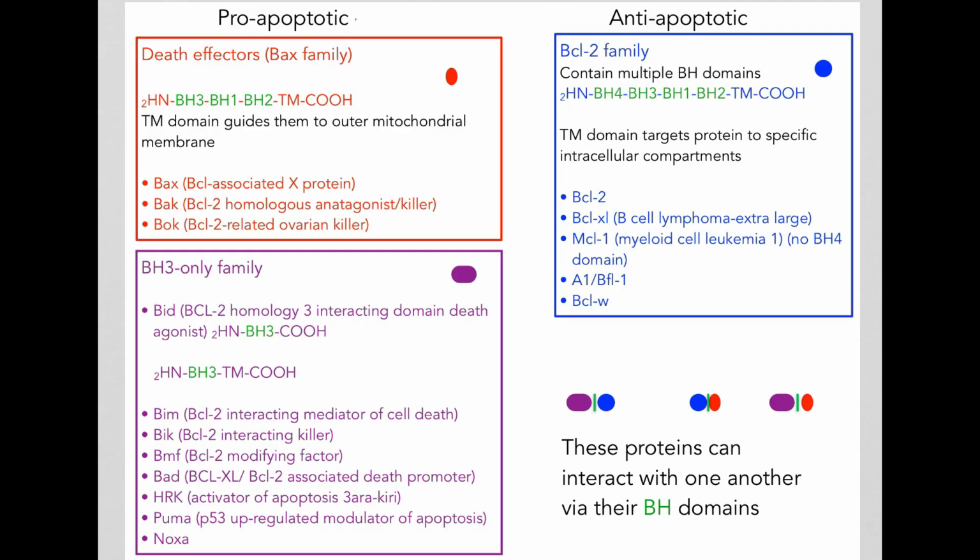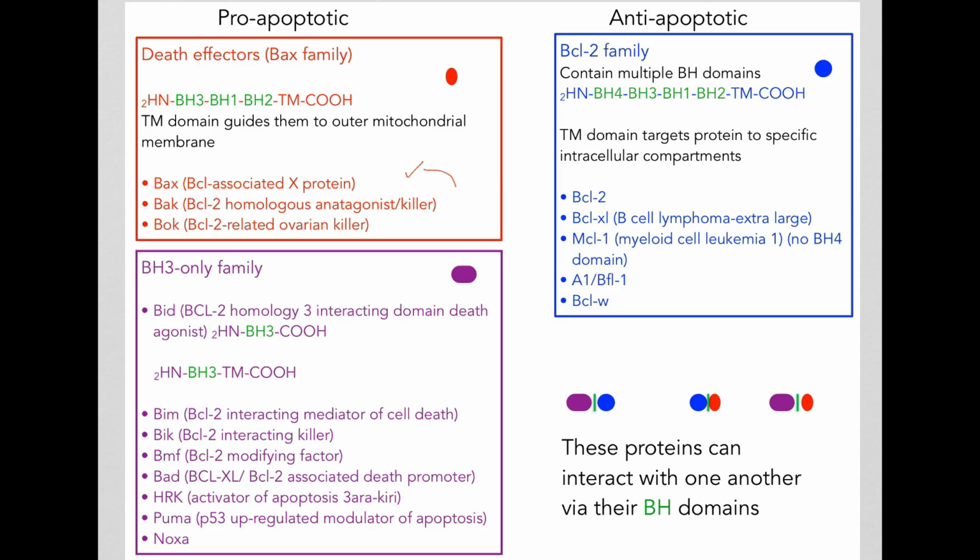The pro-apoptotic include the death effectors or the Bax family, as well as the BH3-only family, while the anti-apoptotic proteins include the BCL2 family. Examples of proteins that belong to each category are given in this list.